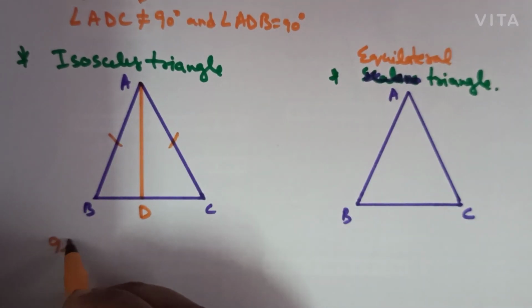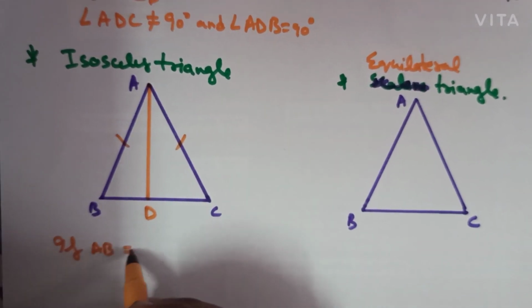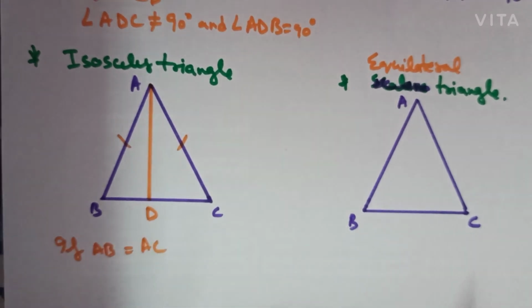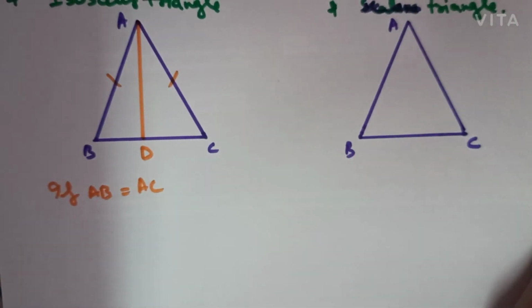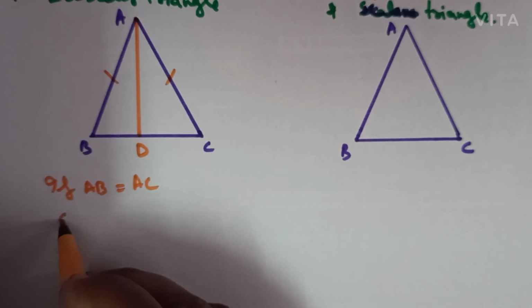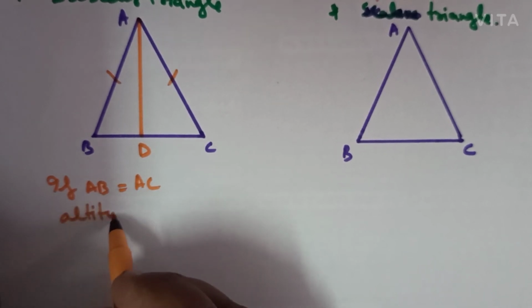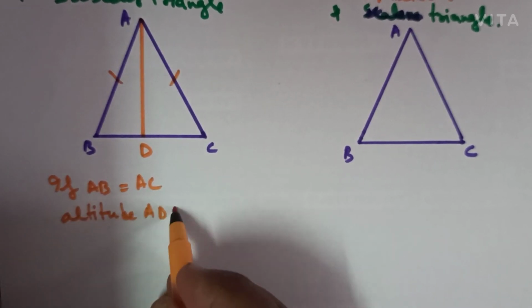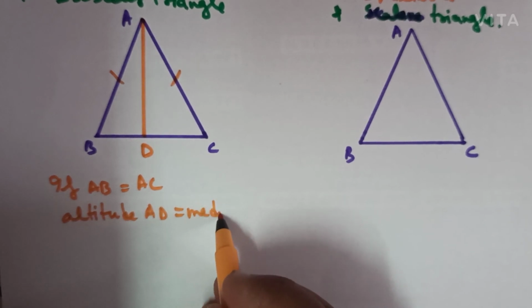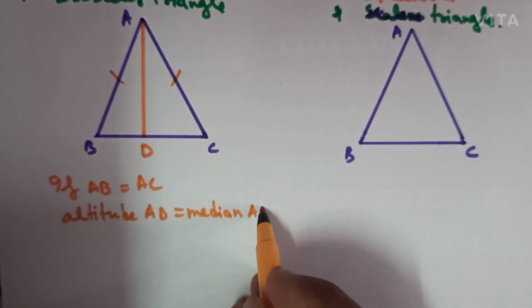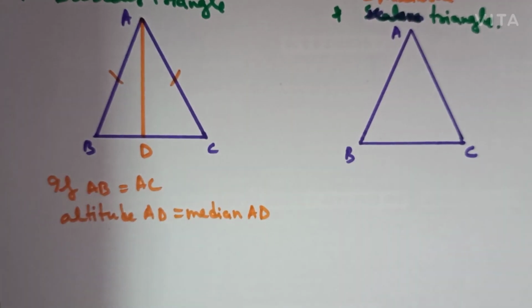If AB is equal to AC, then it is an isosceles triangle. So in case of an isosceles triangle, the altitude AD will be equal to the median AD. That means AD is also the altitude as well as the median.